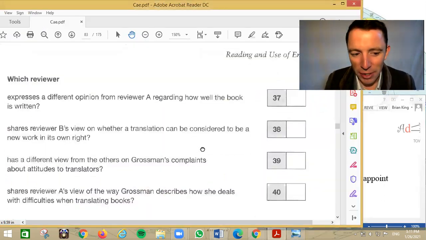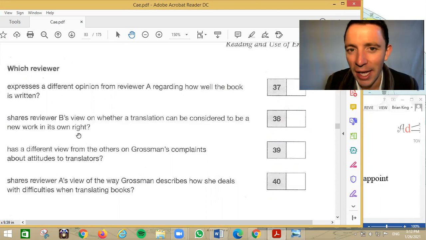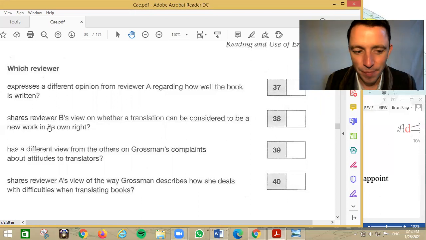The second question is, shares reviewer B's view on whether a translation can be considered to be a new work in its own right. So an extremely advanced question, quite complicated. And for me, and for a lot of fluent native speakers, this exercise would be extremely challenging and extremely difficult.